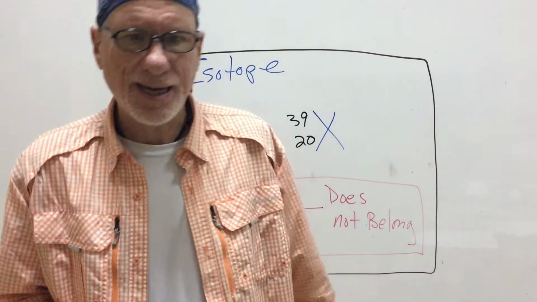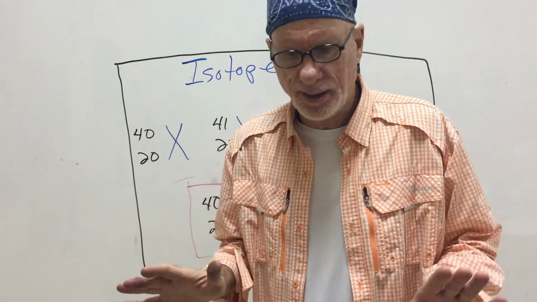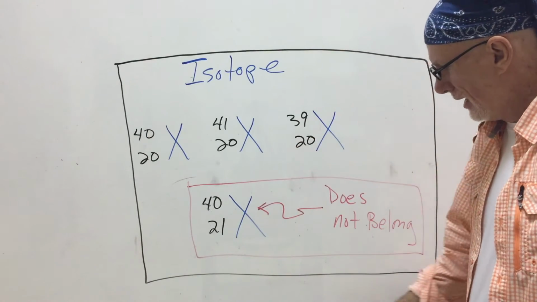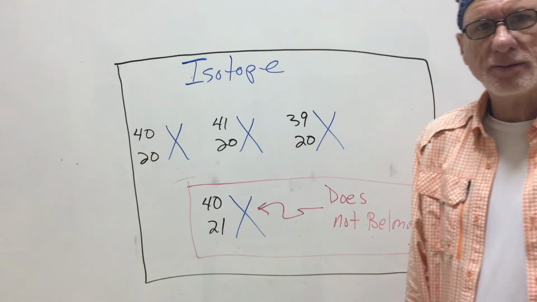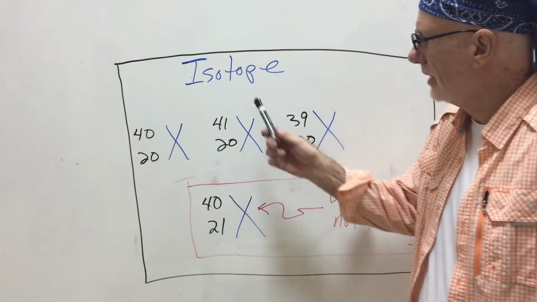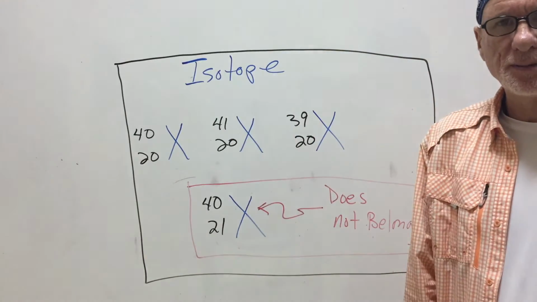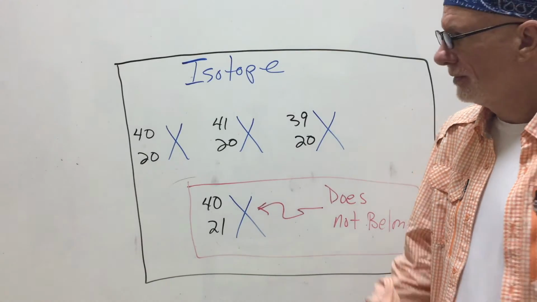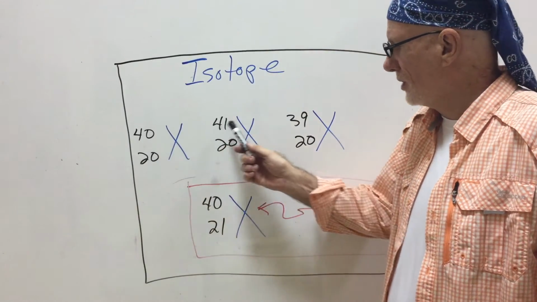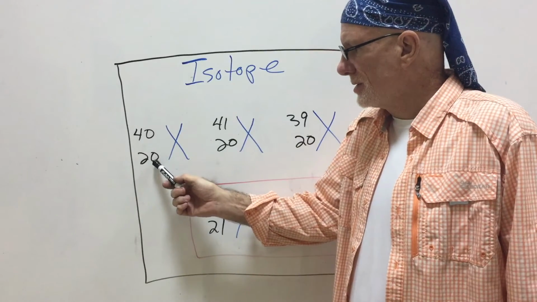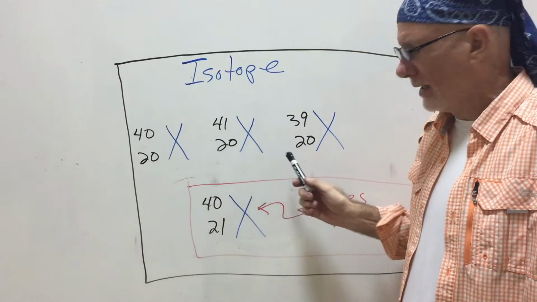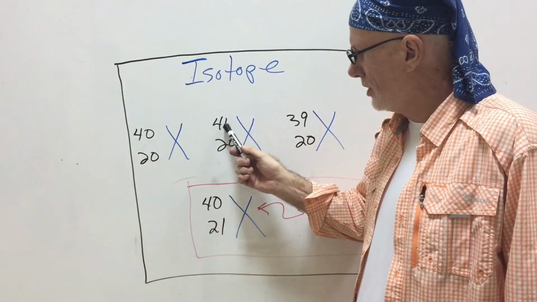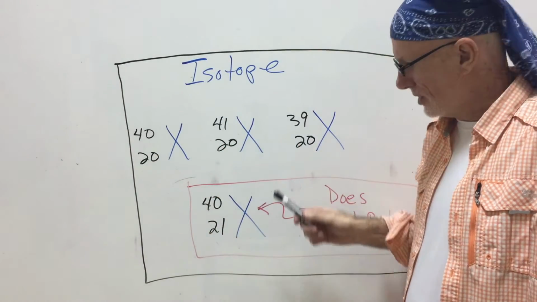This is a quick add-on. I completely ignored this right in the middle of the movie. It's simply there to demonstrate that an isotope is a variation on a particular element based on the number of neutrons. This has an atomic number of 20. This has 20 neutrons, 21 neutrons, and 19 neutrons.